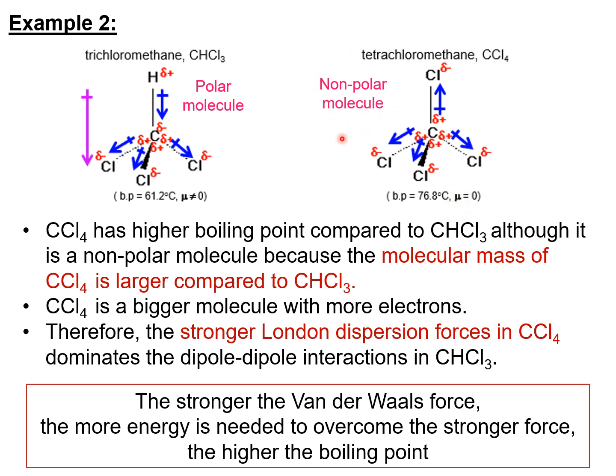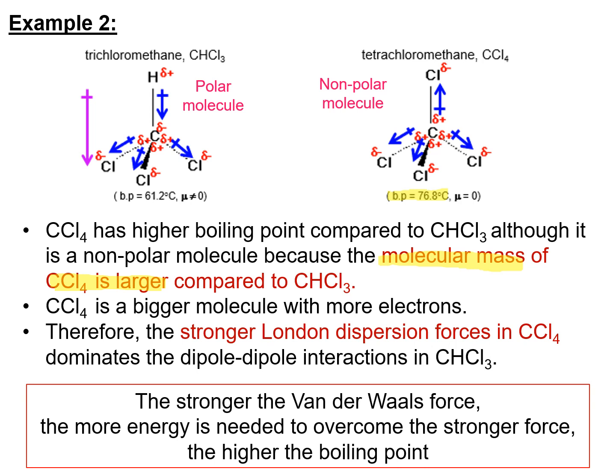So, before this, kalau factor polarity, the more polar the molecule, therefore the stronger the van der Waals forces. But you look here, the boiling point of CCl4 is higher than boiling point of CHCl3. Okay, boiling point of CCl4 is higher. Why? Because sekarang ni kita ambil factor molar mass pula. Because the molar mass of CCl4 is larger compared to CHCl3.